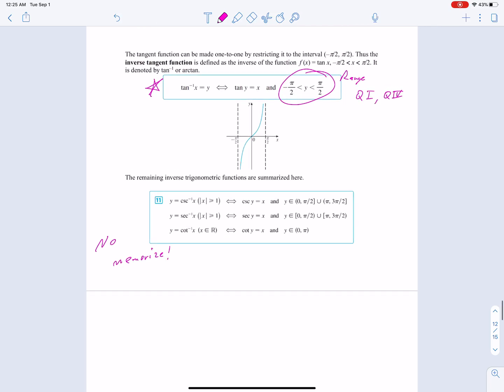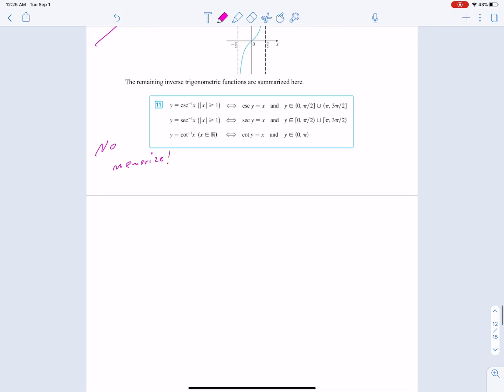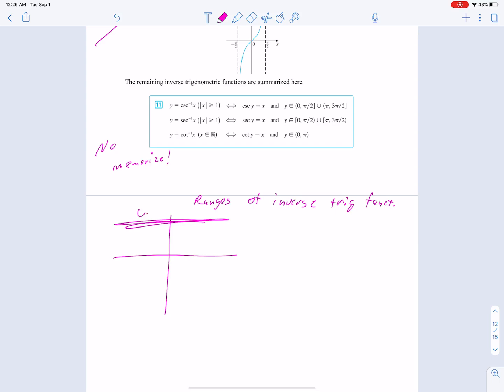But let's talk about these ranges again of inverse sine, inverse cosine, and inverse tangent. Here's a great graphical way to remember this. Ranges of inverse trig functions. The way to remember it is across the top is inverse cosine of x.